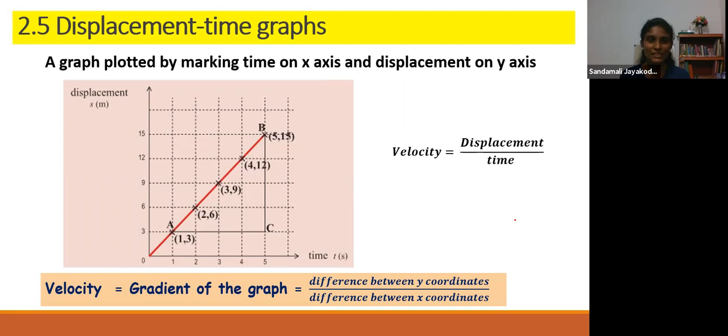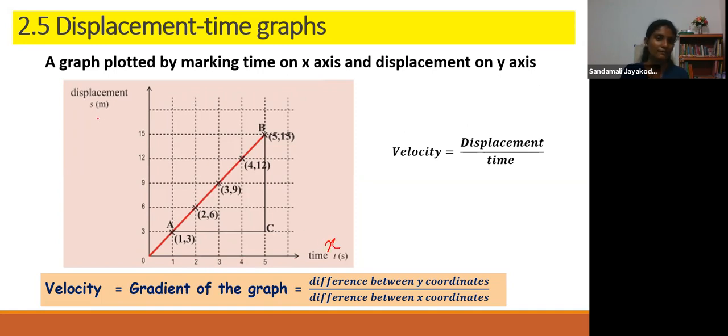A displacement time graph means we are plotting the displacement against the time. It is a graph plotted by marking time on the x-axis and the displacement on the y-axis. In this graph, you can see time is marked as 1, 2, 3, 4, 5 seconds, second by second, on the x-axis.